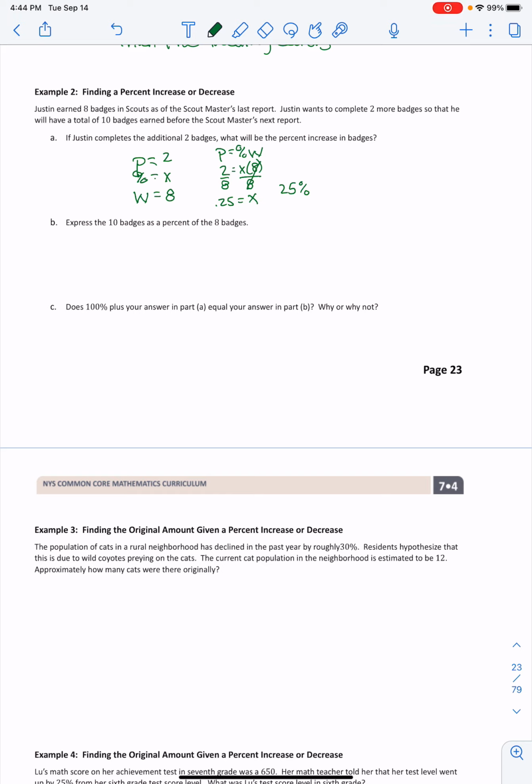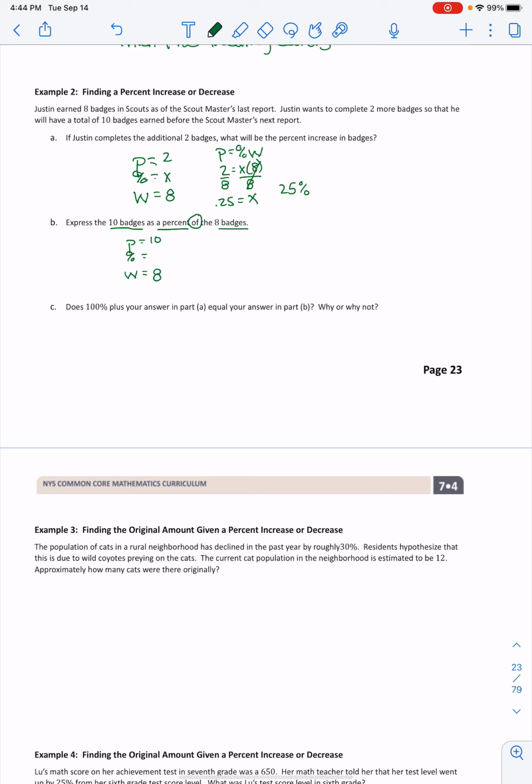Now it says express the 10 badges as a percent of, there's that word, of the 8 badges. So now we have P, percent, and W. So we have the 10 as a percent of the 8 badges, which means the 8 goes in the whole.